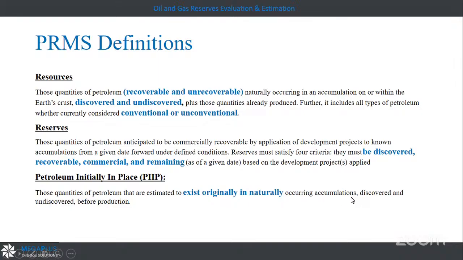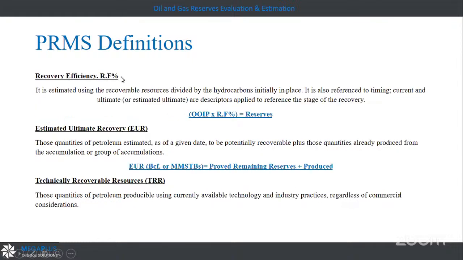But I can't extract it 100%, of course. There is something called the recovery factor. If I have hydrocarbon in our reservoir, I can extract maybe 10 or 20%. So the original oil in place multiplied by the recovery factor gives us an estimate of the reserves.